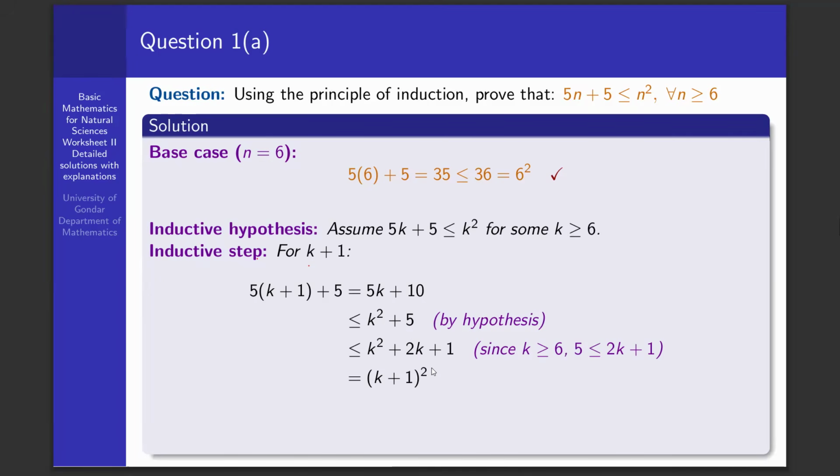Therefore, if you observe the statement with k plus 1, 5 times k plus 1 plus 5 is identical with k square plus twice of k plus 1, but this k plus 1, the whole square, is less than or equal to 5 into k plus 1 plus 5, so that it is true by using simple mathematical induction. The statement holds true for n greater than or equal to 6.